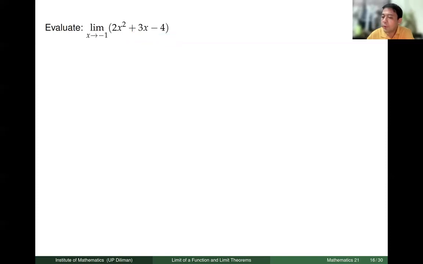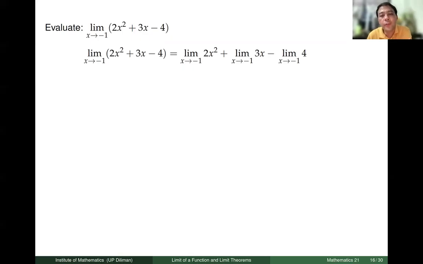So we can write this as the limit of 2x squared as x approaches negative 1 plus the limit of 3x as x approaches negative 1 minus the limit of 4 as x approaches negative 1. Here you have a real number multiplied to x squared.